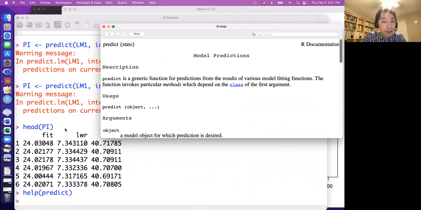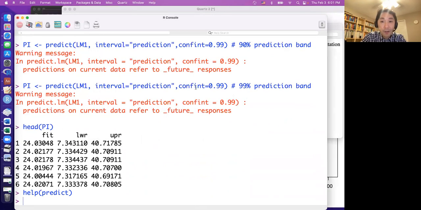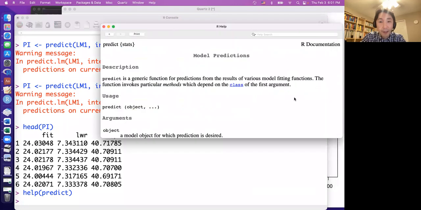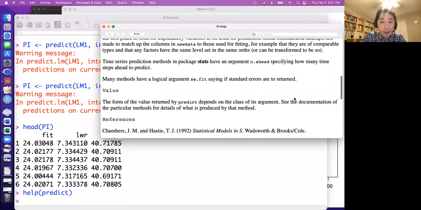Actually, it has not been changed. Confidence interval. So default is 95%, and to change it, we have to specify, I thought conf int, but maybe level.